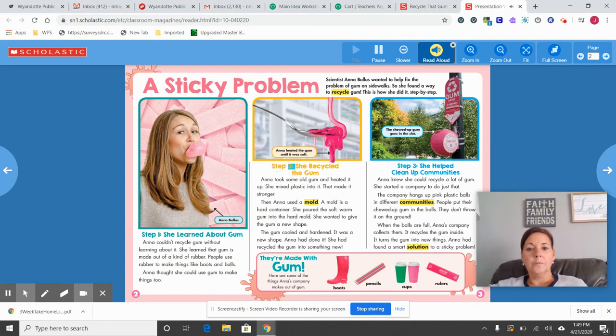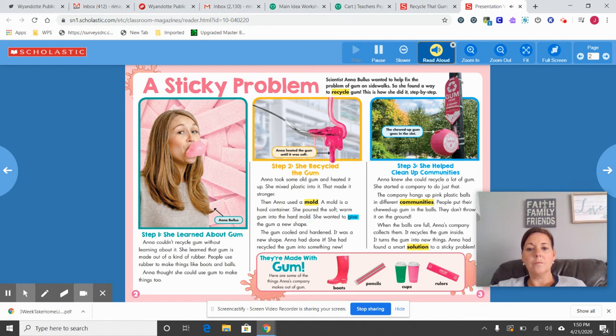Step 2. She recycled the gum. Anna took some old gum and heated it up. She mixed plastic into it. That made it stronger. Then Anna used a mold. A mold is a hard container. She poured the soft, warm gum into the hard mold.